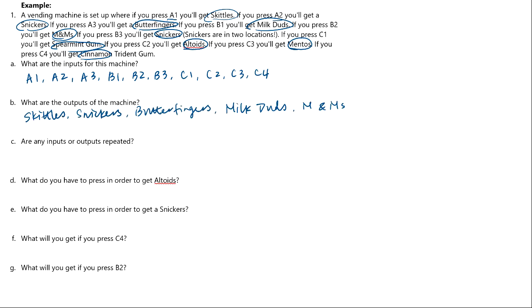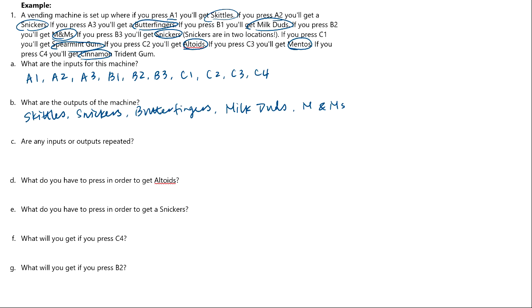As you're writing out all the possible outcomes, you might have noticed that Snickers appears in two different locations. You can press two different buttons and get the same result of Snickers. You might wonder, do I want to list Snickers twice? Because we're just talking about what the possible outcomes are, we just list Snickers once.